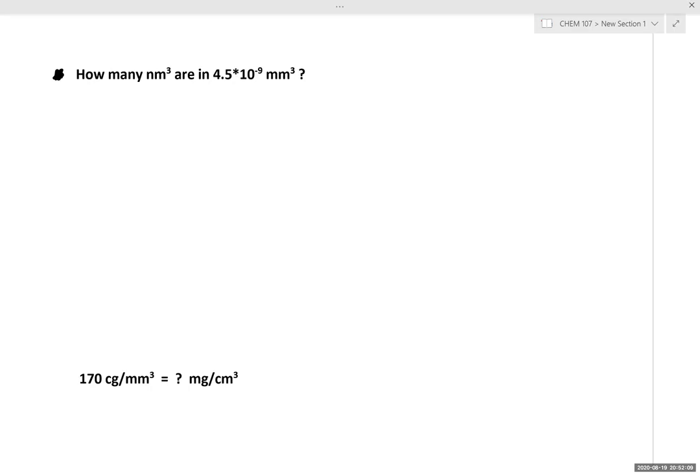And just make sure that when you're performing these unit conversions, that you cancel out each component of the cubic unit.